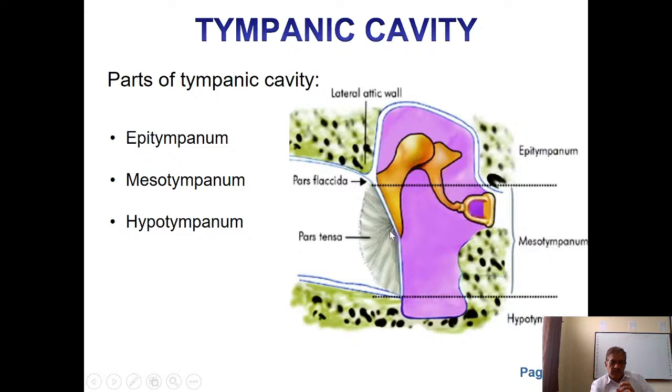And there's a small bulge there at the tip, which is called the umbo. So the malleus has got a head, the neck, the lateral process, the handle, and the anterior process, to which the anterior malleolar ligament is attached.